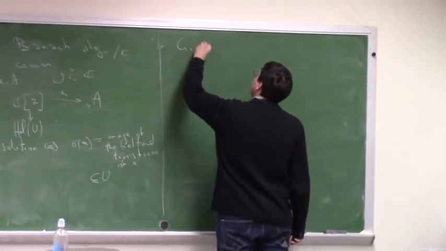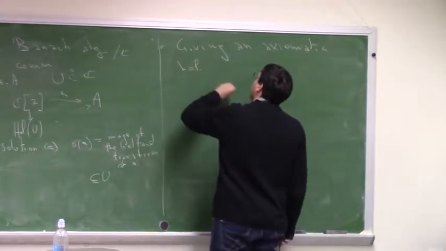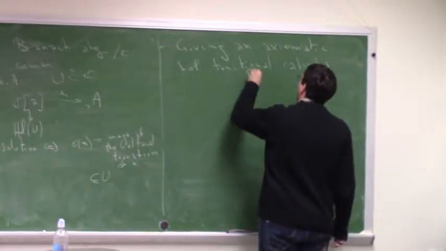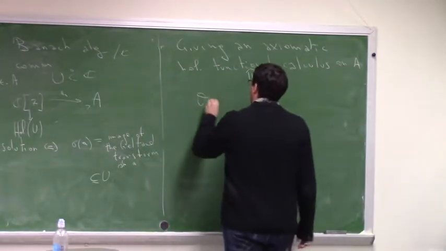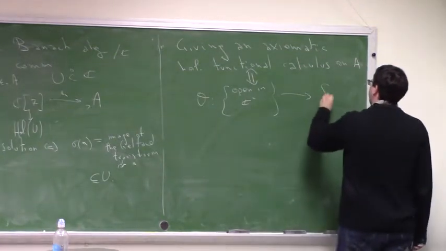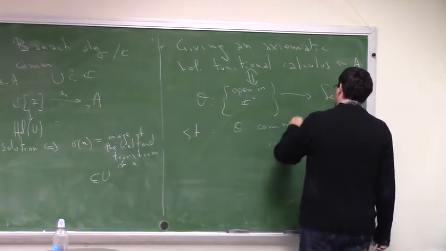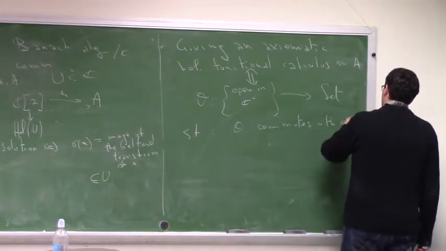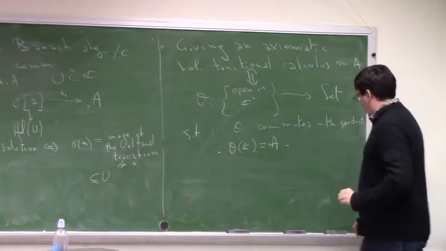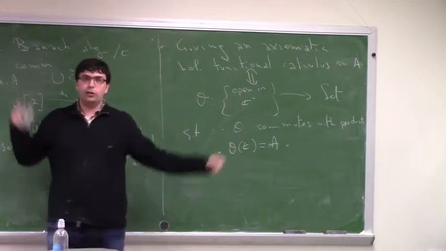So giving an axiomatic holomorphic functional calculus on A is the same as giving a functor O from opens in C^n to sets such that O commutes with products, and O of C is equal to A. So Jacob's insight is that we can take this as a definition.